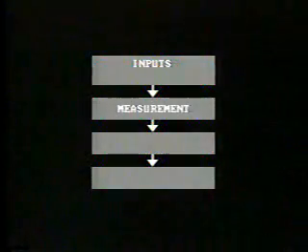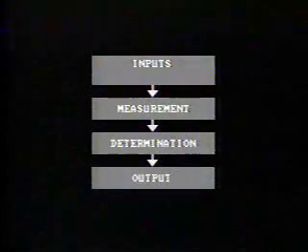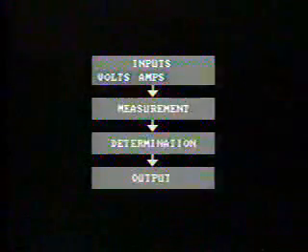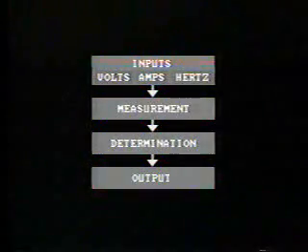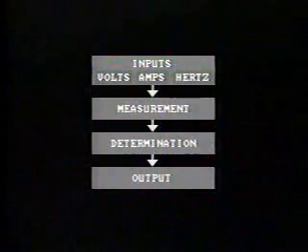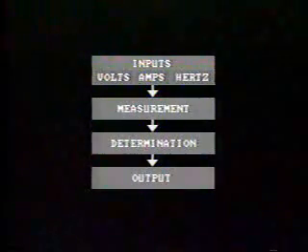As we all know, there are many different types of relays used in protective schemes. However, most relays follow the same logic pattern. That is, input, measurement, determination, and output. The input will represent current or voltage or frequency or perhaps other values which exist in the protected circuit at any instant in time.